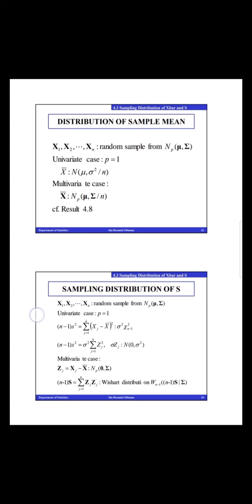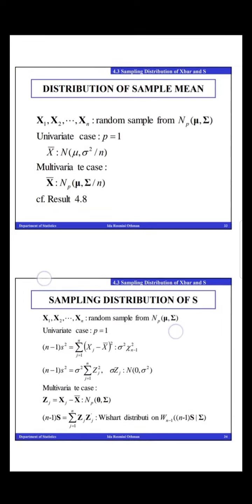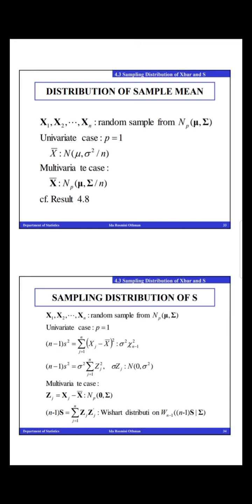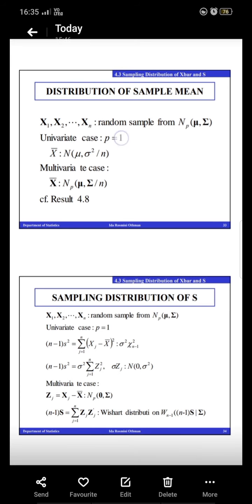But here you also need to know the sampling distribution for the mean vector and the sample variance covariance matrix. So let's recall how to find the distribution of the sample mean in the univariate case, when p equal to 1.